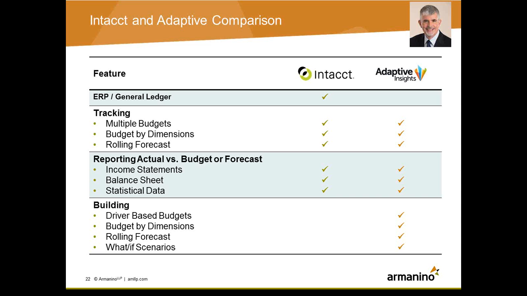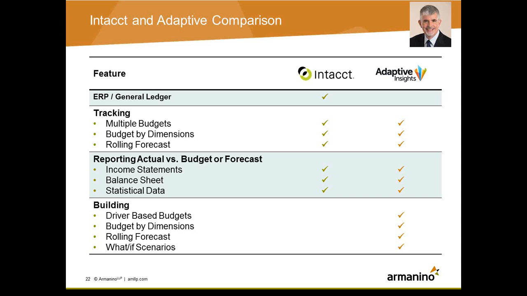Clearly, Intacct is your ERP and general ledger. As I was saying before, that is your system of record for all things financial. That's where all your actual data ultimately ends up, and clearly that is not Adaptive. Intacct gives you the ability, as we bring the forecasts and budgets back into Intacct, as we showed on the previous slide, to track multiple budgets and maintain that information.